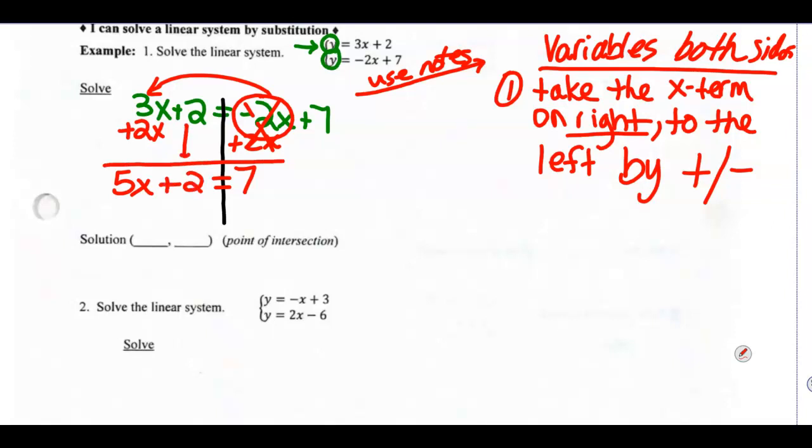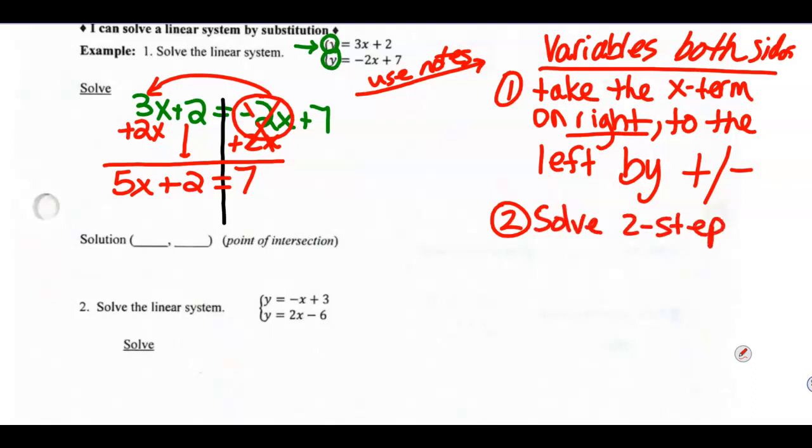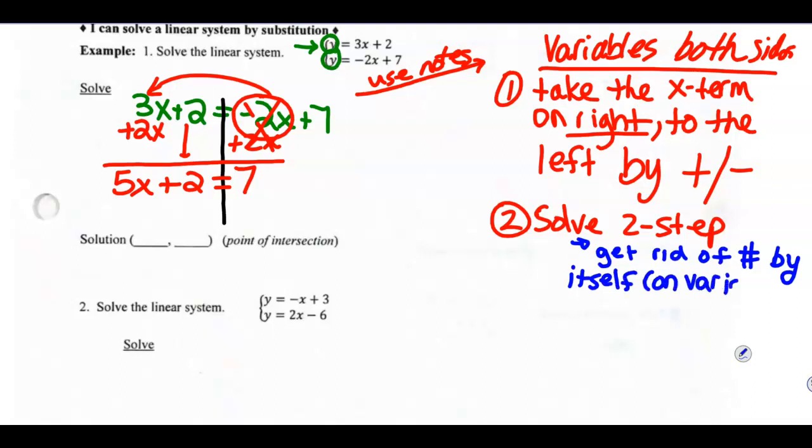So if you notice, after we do this first part where we take the variables to the other side, we are going to solve a two-step equation. So I'm solving the two-step. And I'm just going to go over those steps again. So two-step, I'm just putting an arrow though, because this is all part of the same thing. So a two-step equation, we get rid of the number by itself, that's on the variable side, by adding or subtracting.